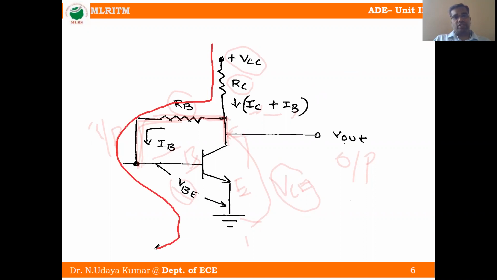We write the KVL: VCC minus (IC plus IB) into RC, minus RB IB, minus VB equal to 0. This is the input side, and this is the output side.